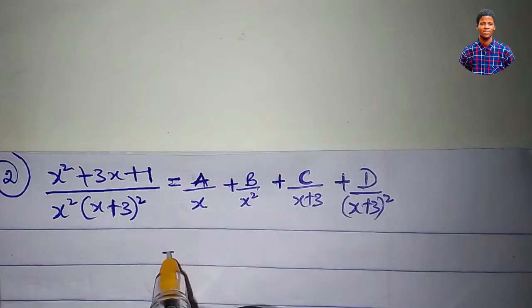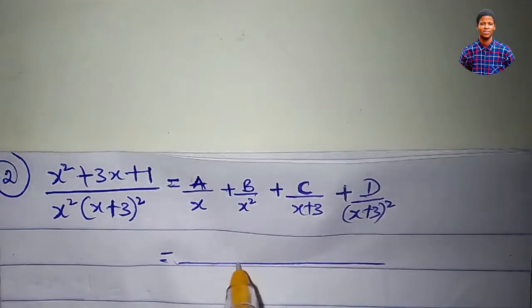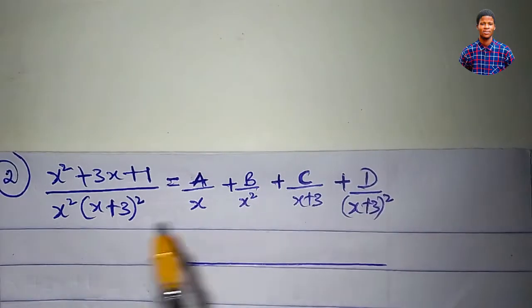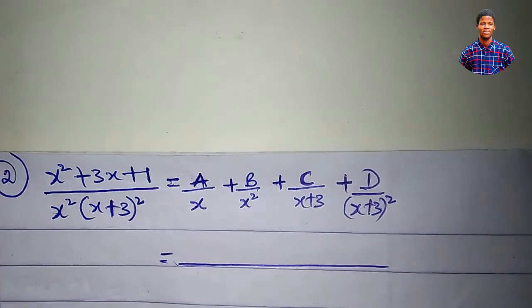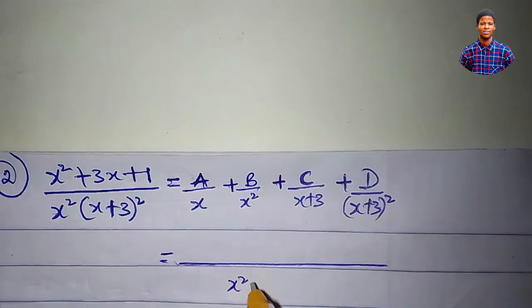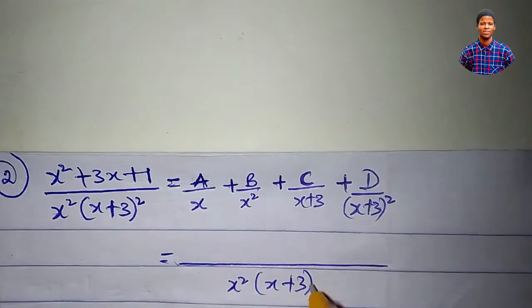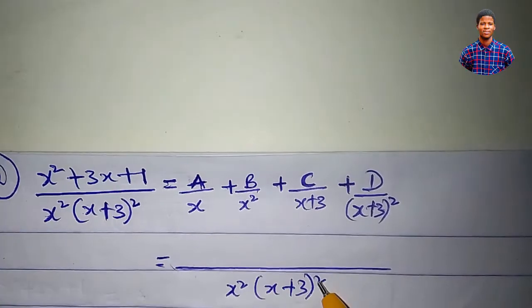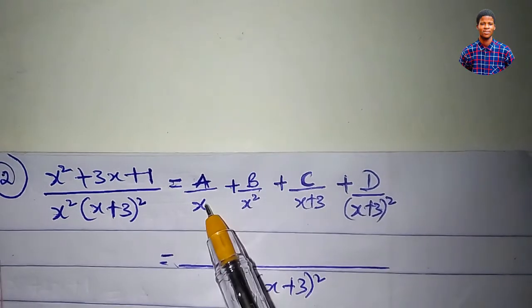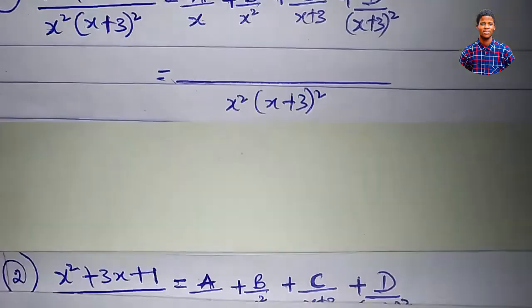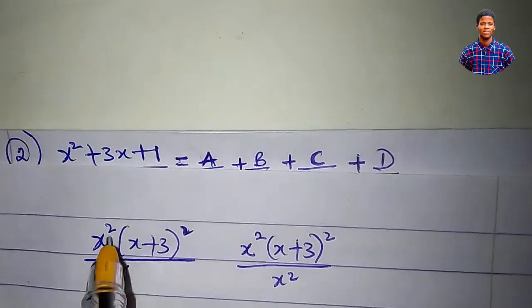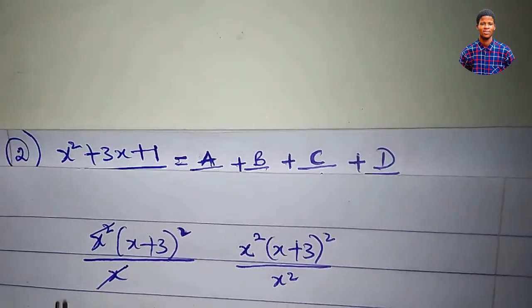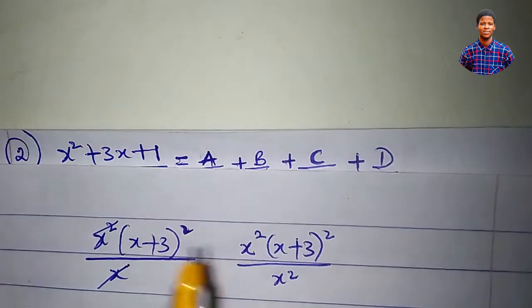Let's take the LCM. The LCM of the denominators is x squared times (x plus 3) squared. Divided by x, check it out: x will cancel one of the x. What's left? x times (x plus 3) squared.